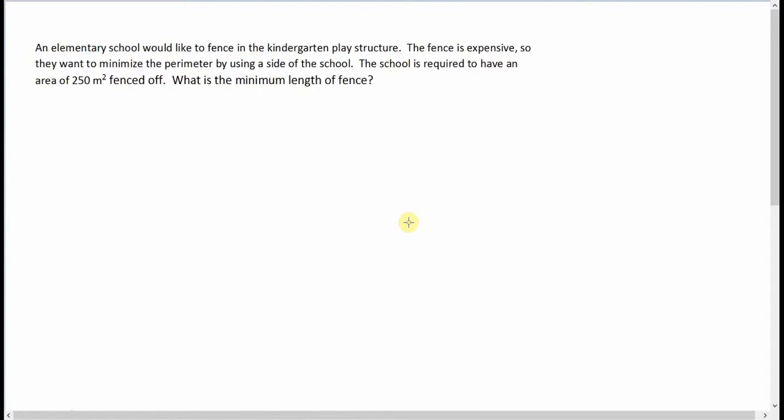Okay, so the first thing we should do is draw a picture and figure out the important parts of the question. So here is the wall of the school. And let's add the fence.